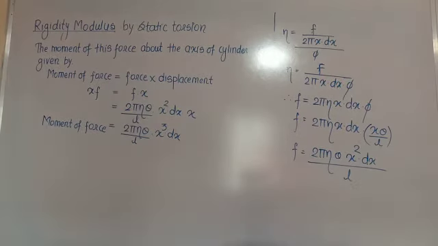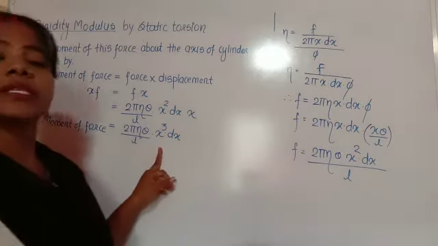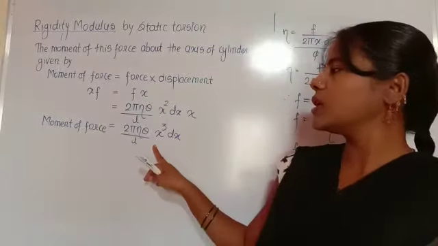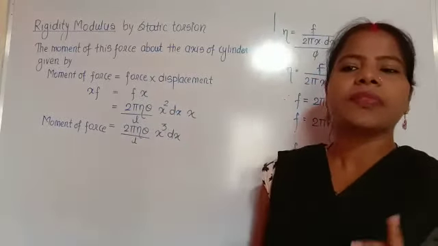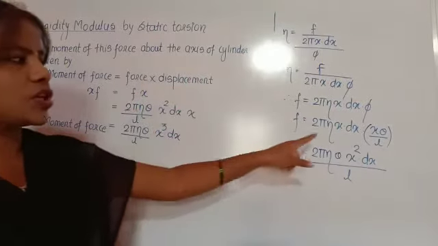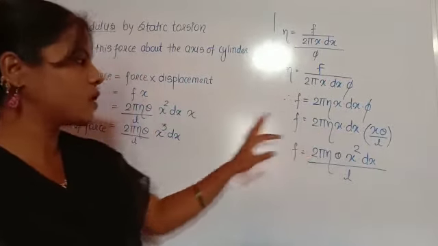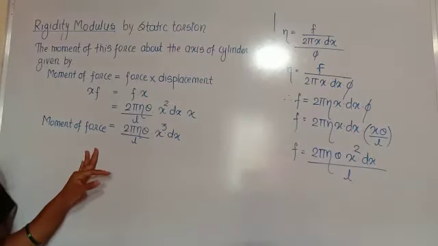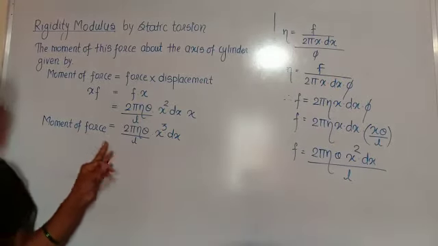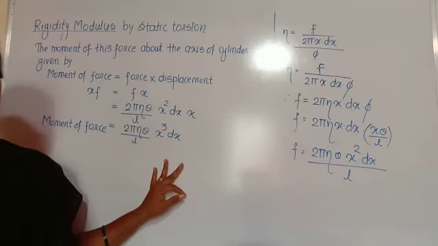This moment of force is nothing but the torque on the annular cross section of the cylinder. We took a small section of thickness dx, so we calculated the torque applied on only the annular cross section.